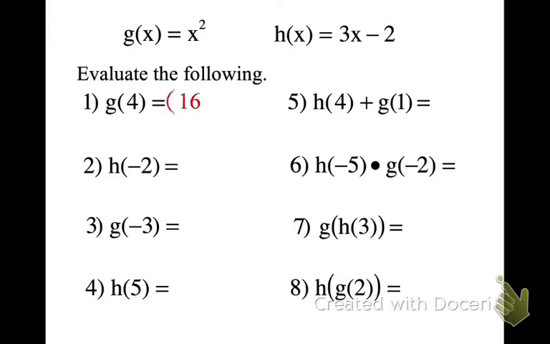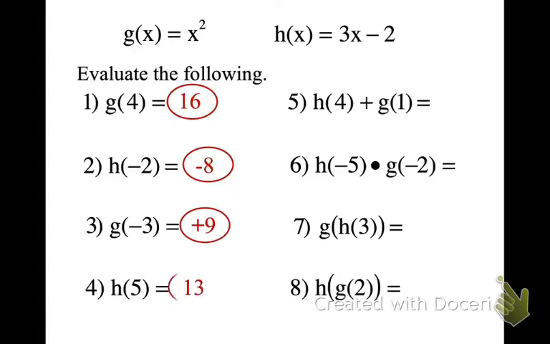So the first one, we're going to use the g function. The second one, I'm substituting a 2 into the h function. Now it gets a little trickier because we have to find the value of the h function using 4.